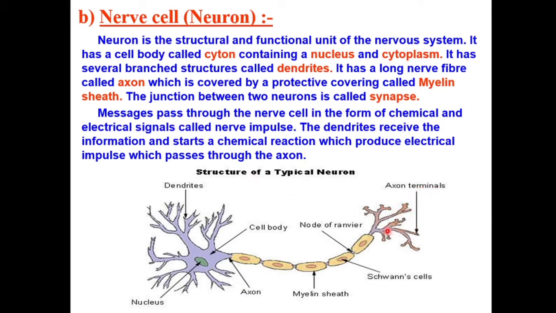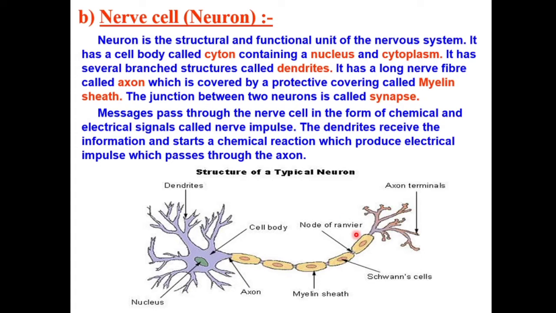Okay, let's see what is next. Messages pass through a nerve cell in the form of chemical and electrical signals called nerve impulse. So the signal will pass through these cells. That's how when you touch something, you get a sensation in your brain, right? Because the information is being passed from your hand to your brain.